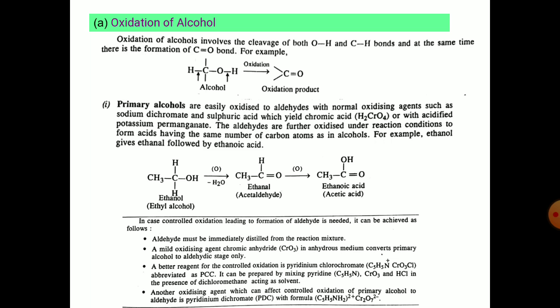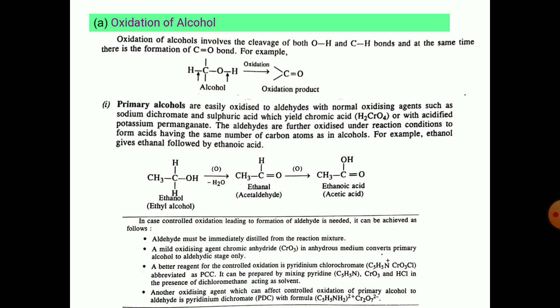A better reagent for the controlled oxidation is pyridinium chlorochromate, C5H5NHCrO3Cl. It is abbreviated as PCC. It can be prepared by mixing pyridine, CrO3 and HCl in the presence of dichloromethane acting as a solvent.